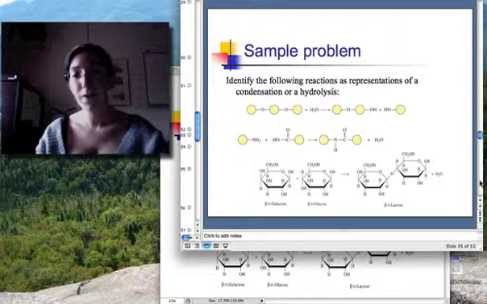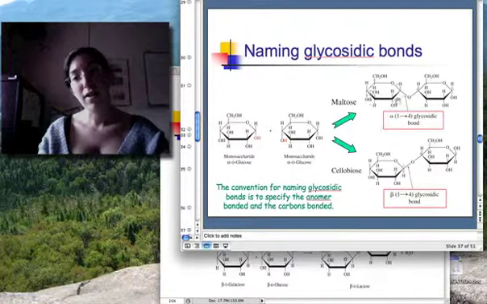So when we're naming our glycosidic bonds, we have to know which number carbon. In this case, the anomeric carbon 1 of the first molecule is bonded to the fourth carbon of the second molecule in the bond. 1, 2, 3, 4. So it's a 1 to 4 linkage, is what we call this.